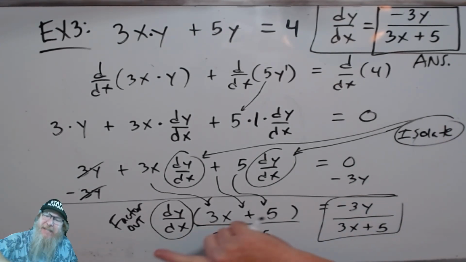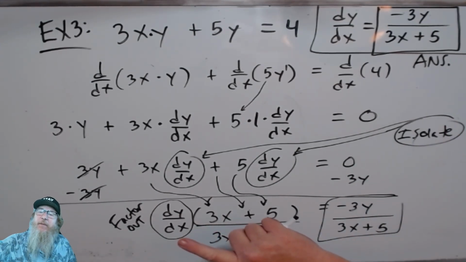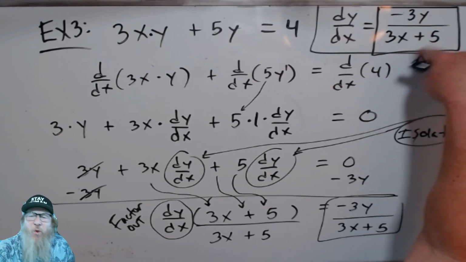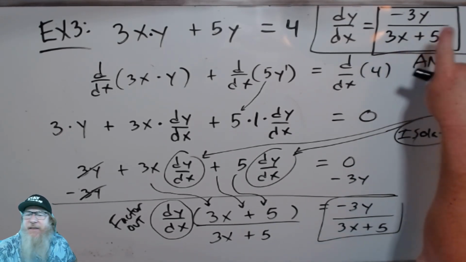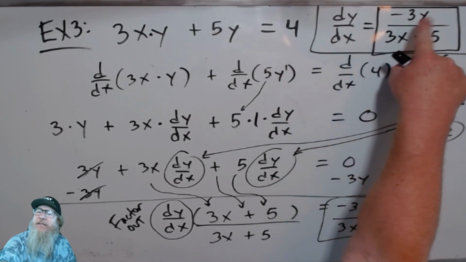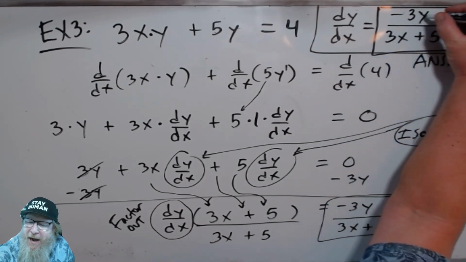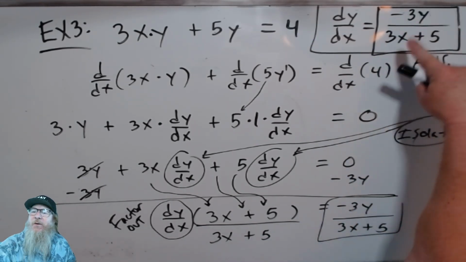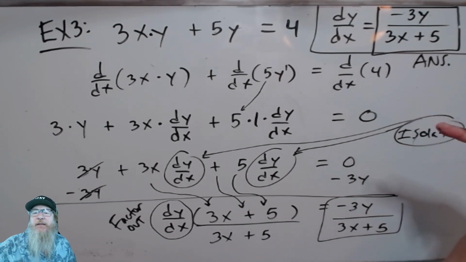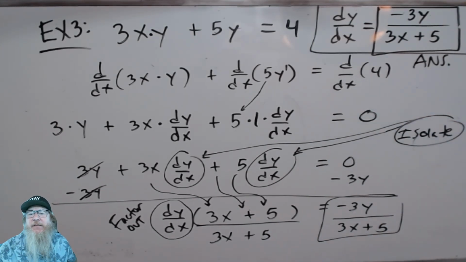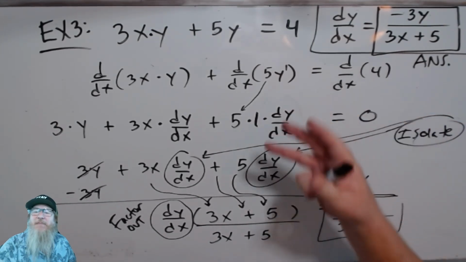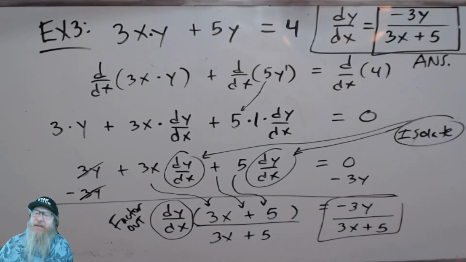In an explicit derivative, like we've done in the past, the right-hand side only has numbers and x's, doesn't have any y's. In an implicit derivative, it has this y variable here, and so the presentation of it looks different to the eyes, but it mathematically means the same thing. It gives you the same result.